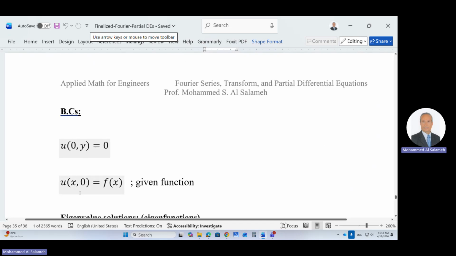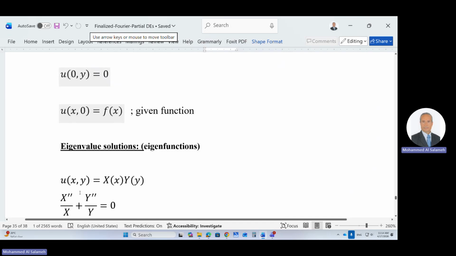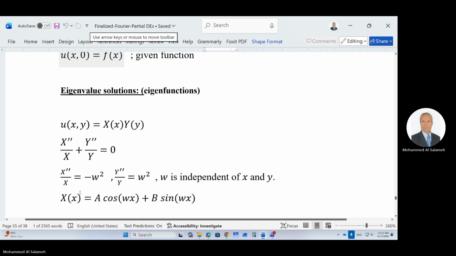And also u at y equal to 0, which is the x-axis, is the given function f of x. Now we assume separation of variables, that u is equal to capital X times capital Y, where capital X is a function of only small x and capital Y is a function of only small y.